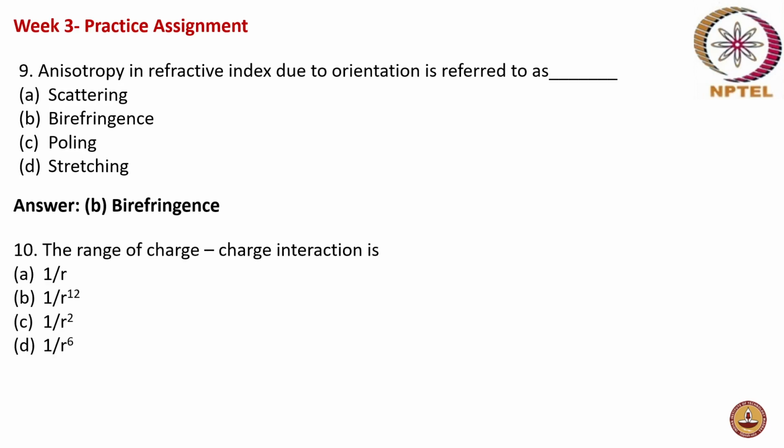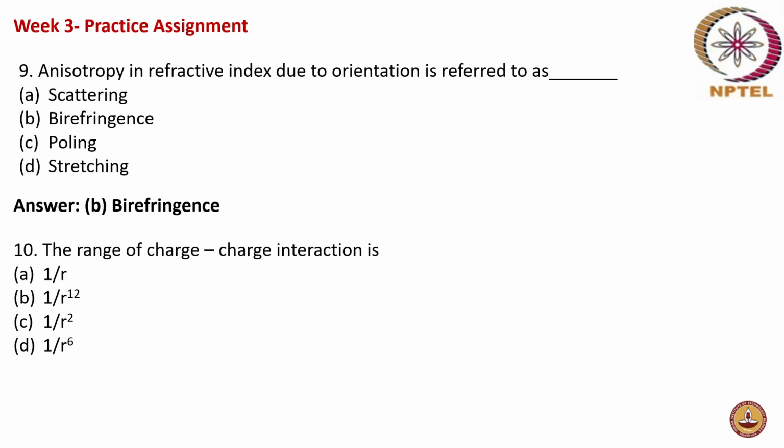Now, the range of charge interaction is, what is the range? In non-bonded interactions, there was a discussion on charge interaction, different interactions like repulsive interaction, dispersive interaction, and all these things. It was all having range with respect to the distance between the interacting components or atoms.